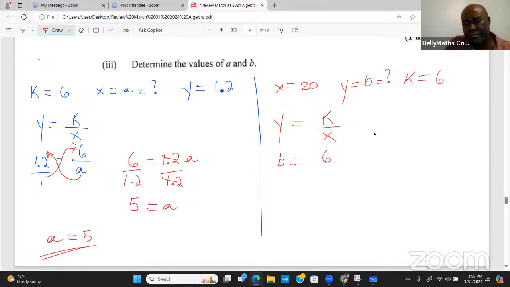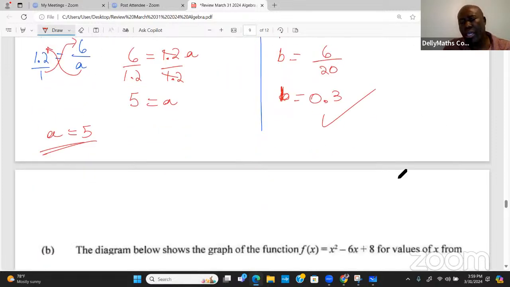K is 6. X is 20. So all we want to do is break this down, right? So 6 divided by 20 will give me that B is equal to 0.3. And that's it. You're done. So A is equal to 5 and B is equal to 0.3.